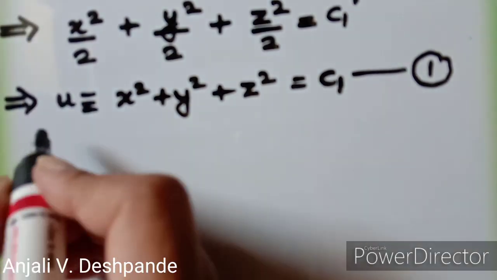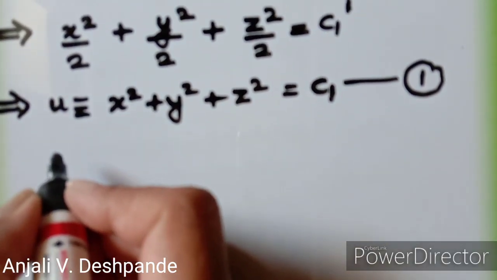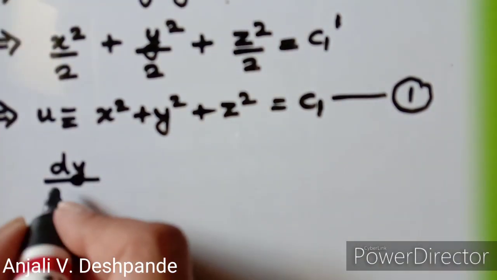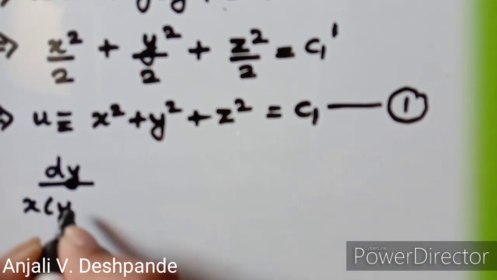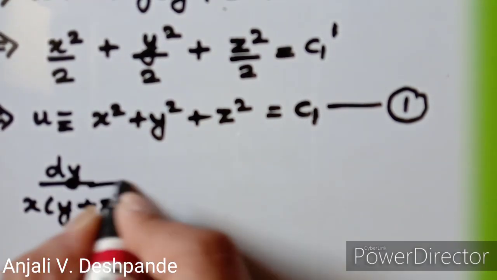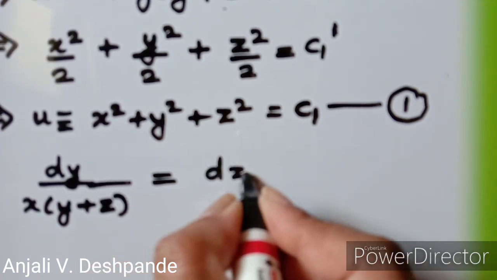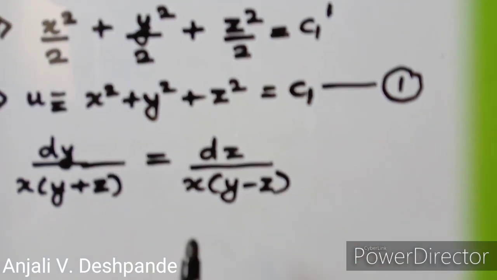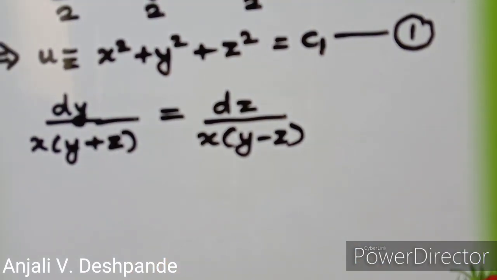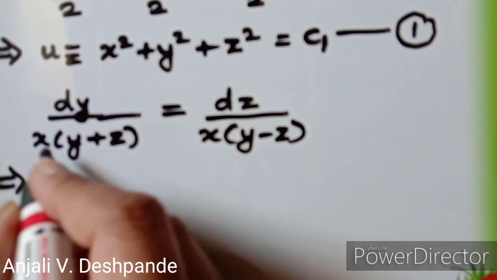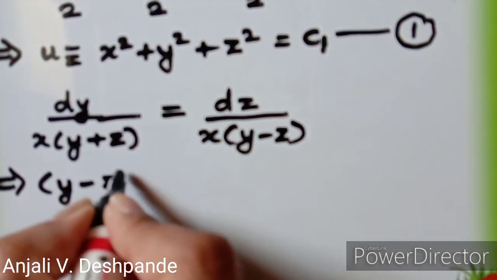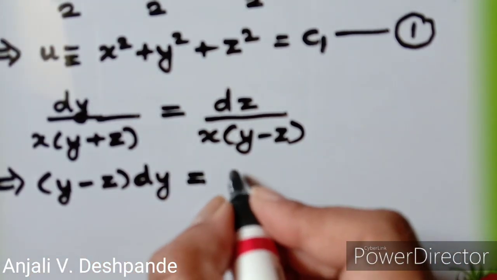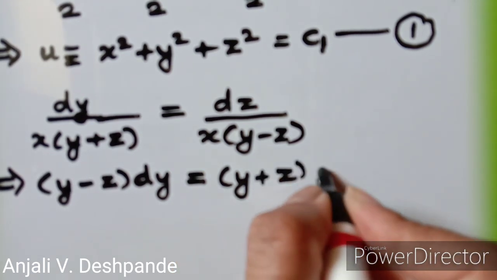The last two terms over here are dy divided by x into y plus z is equal to dz divided by x into y minus z. So this will imply that y minus z dy is equal to y plus z dz.